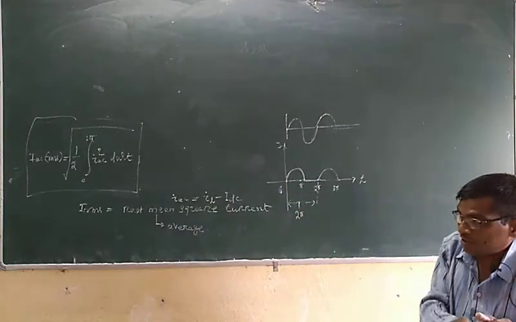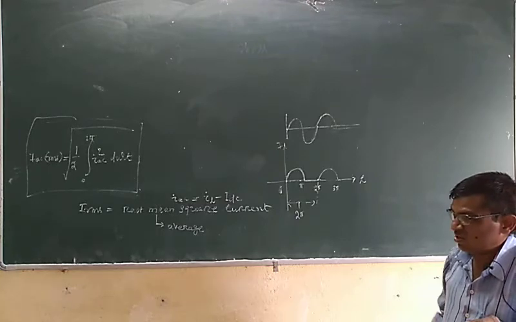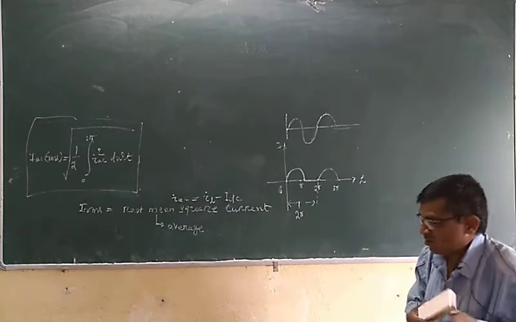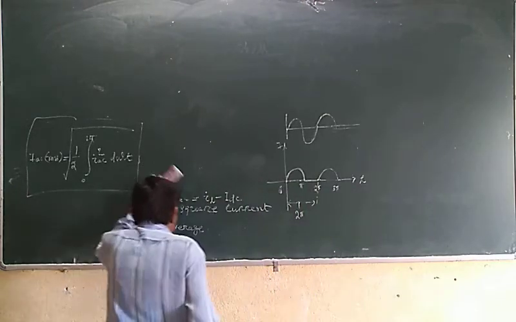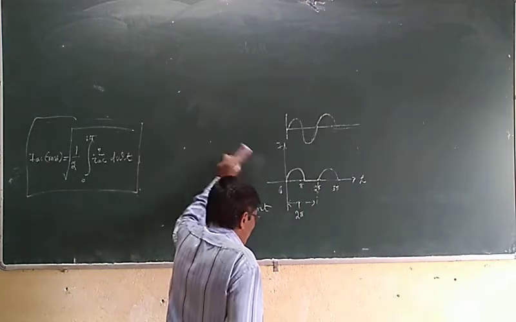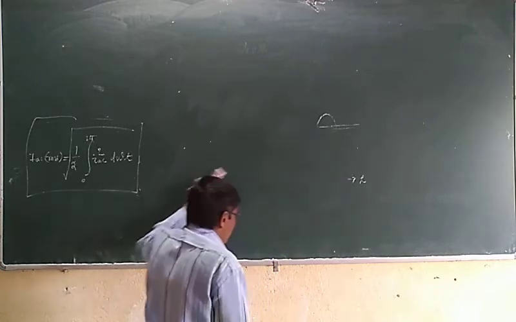I_AC RMS means root mean square, meaning the instantaneous value of AC in the output side, the output of the rectifier.